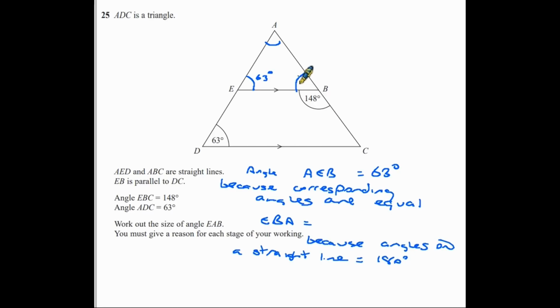So it's 180 minus 48, therefore this angle is 32 degrees. We then know that angles in a triangle equal 180, therefore 180 minus the total of these two, which are 95, means that angle EAB equals 85 degrees.